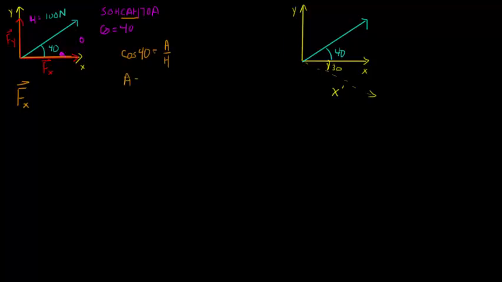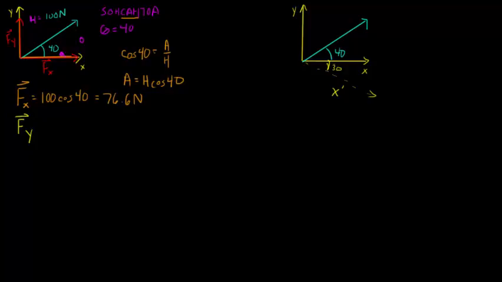So our adjacent side is going to be equal to h times the cosine of 40. So if we can substitute in our numbers, we're going to get f of x, which is adjacent, is equal to 100 times the cosine of 40, and this is going to be equal to 76.6 newtons. Next, we're going to find our f of y, and we're going to do the same thing.